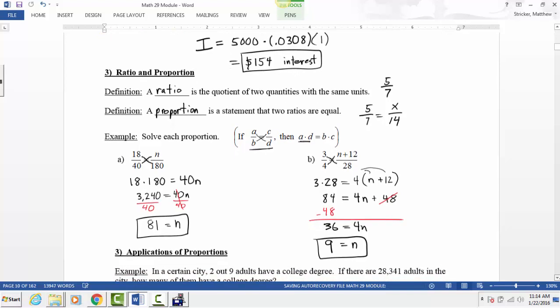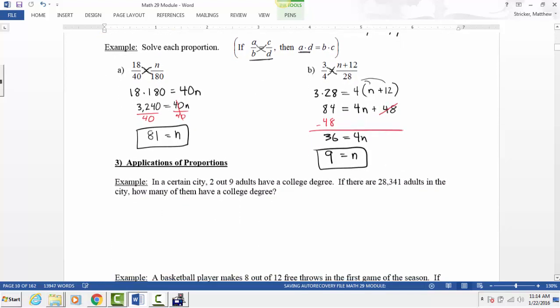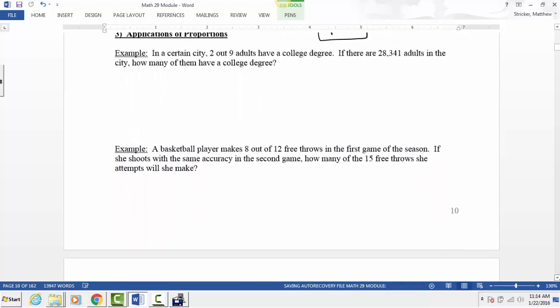Let's go ahead and now look at an application or two of this. So it says in a certain city, 2 out of 9 adults have a college degree. So we know 2 out of 9 have a college degree. We're trying to use a proportion to solve this because we know 2 out of every 9 have a college degree.